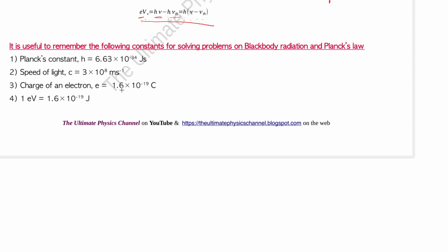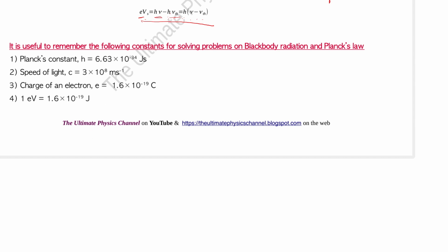We can take 1.602 also, depending on the accuracy that is needed in a problem. So here it is 1.6 times 10 power minus 19 coulomb. And then 1 electron volt is equal to 1.6 times 10 power minus 19 joules. This is the conversion for energy in electron volt units to joule units.